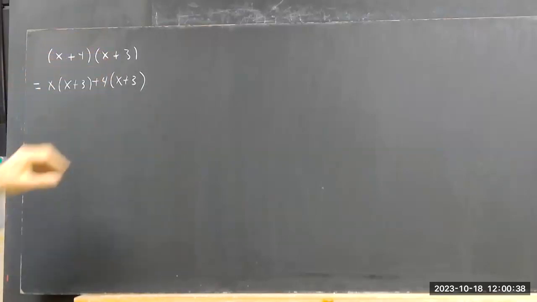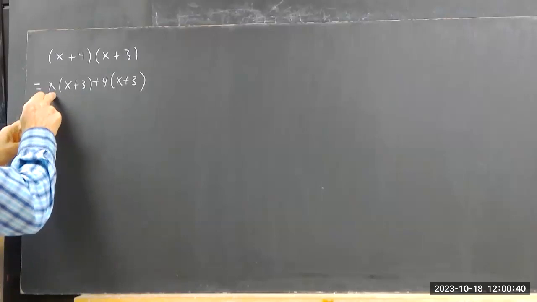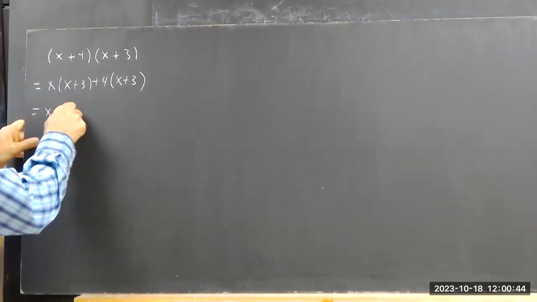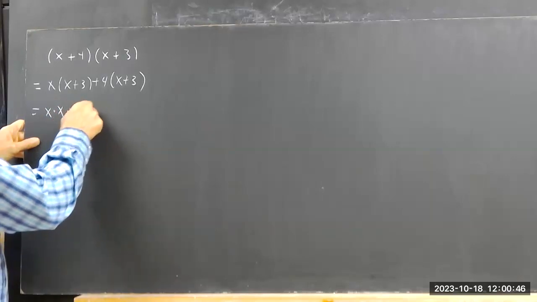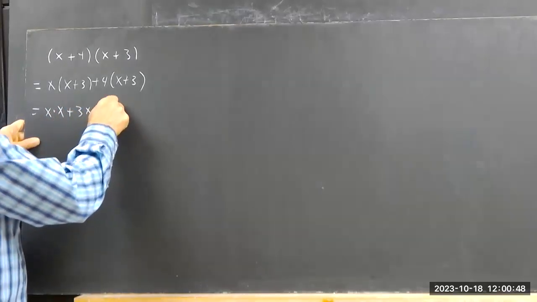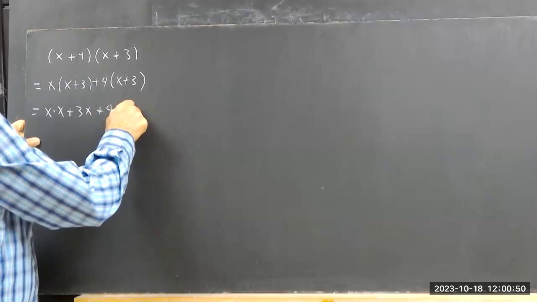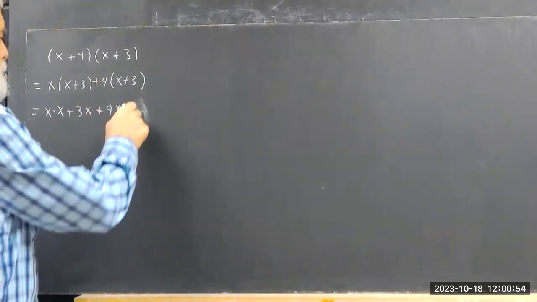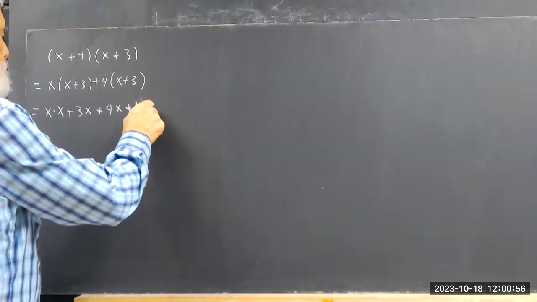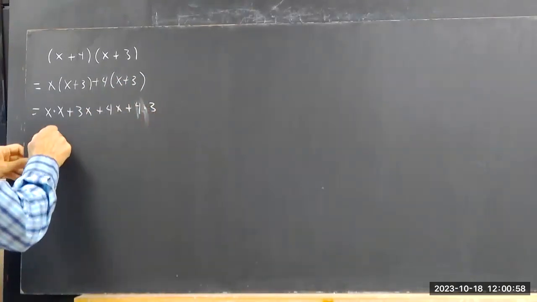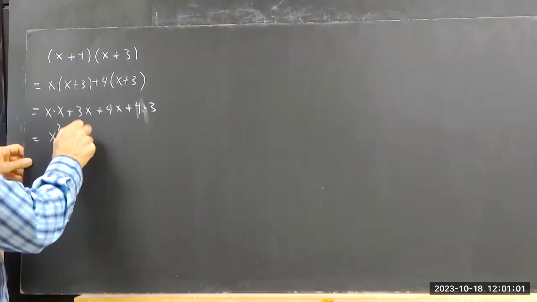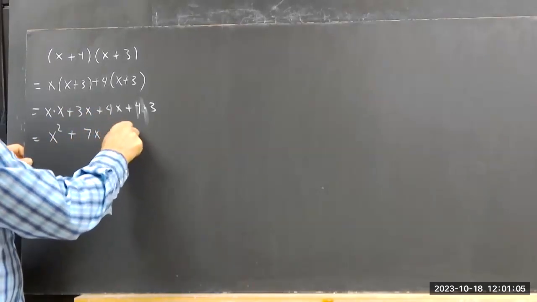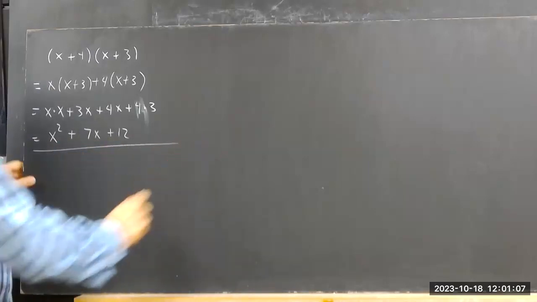There we have it. And of course, x times x plus 3 means x times x plus 3x plus 4x plus, I'll write it out as 4 times 3. We write that as x squared, 3x and 4x gives us 7x. 4 times 3 is 12.